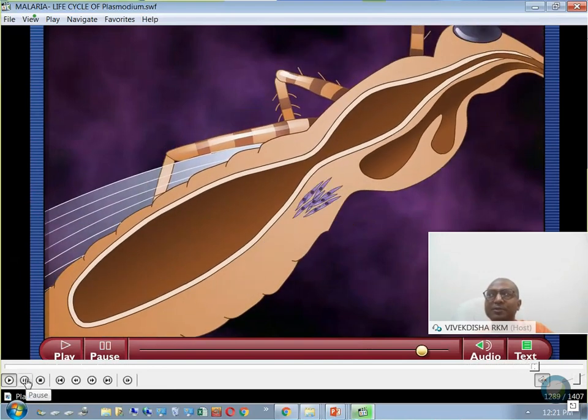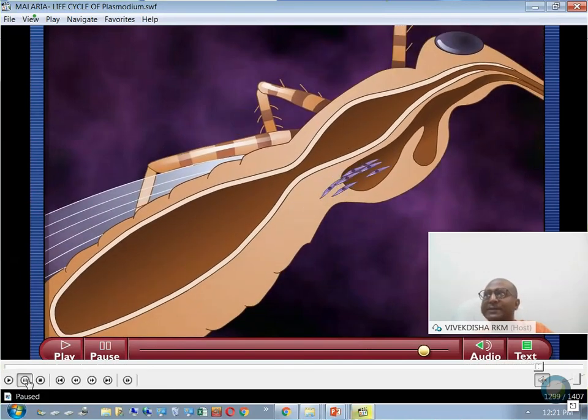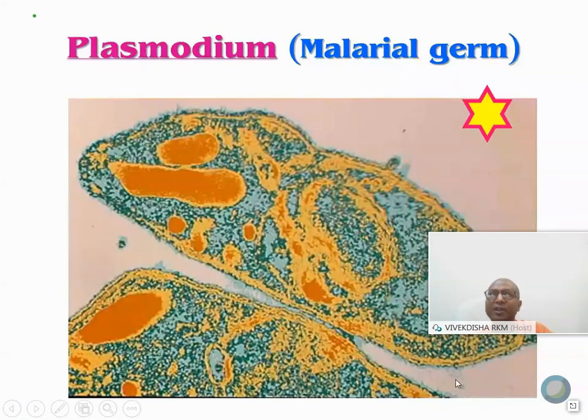Next time, if this mosquito bites another healthy person, that person will get the malarial germ. So this is the transmission of the malarial germ. Malarial germs are parasitic in nature, so they draw nourishment from others. So Plasmodium vivax, there are several species. So Plasmodium, the malarial germ.